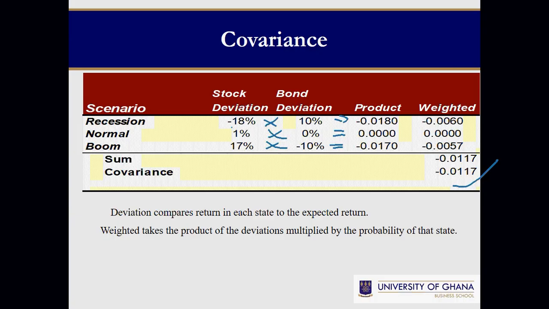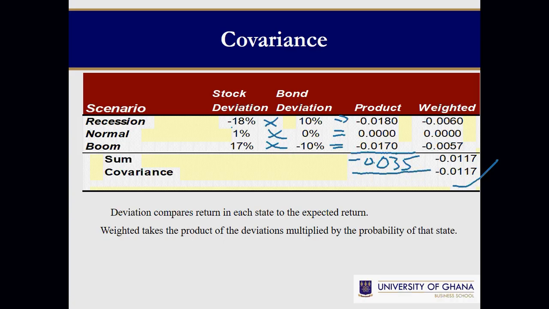So now what they did was they added all of these. So adding all of them, negative 0.0180 plus 0 is 0 plus negative 0.01. I'm getting negative 0.035.